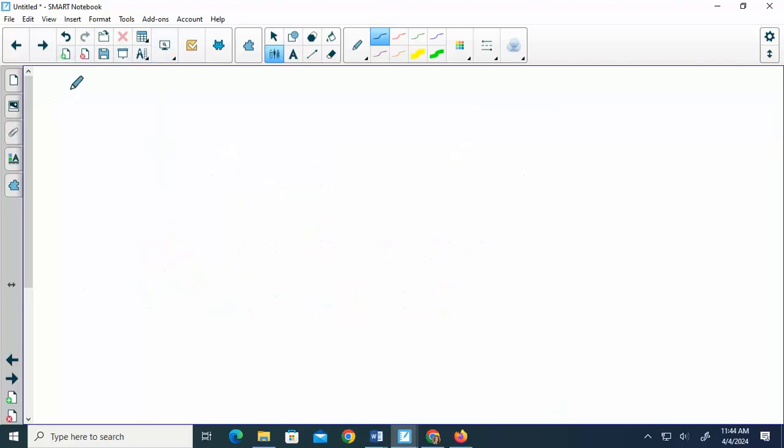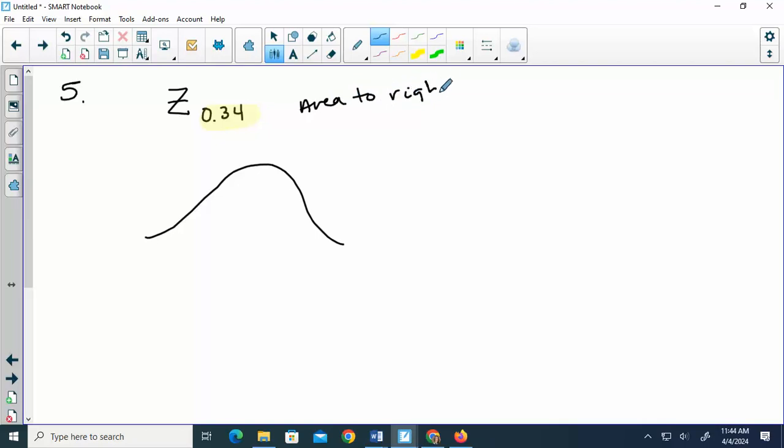Number 5. So this is just a notation thing. So when we have Z alpha notation, alpha means this number is area to the right.